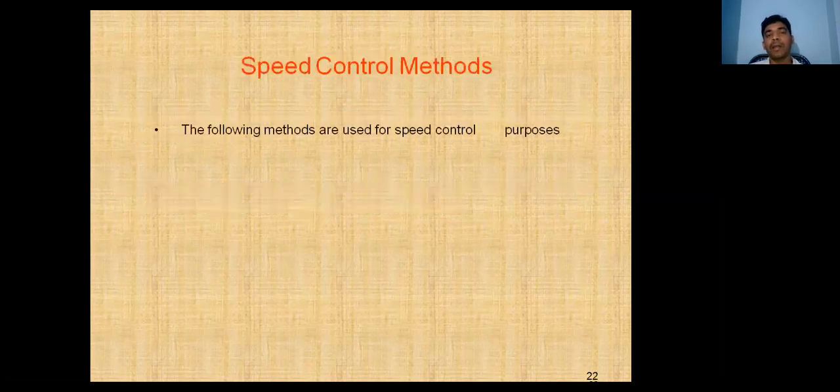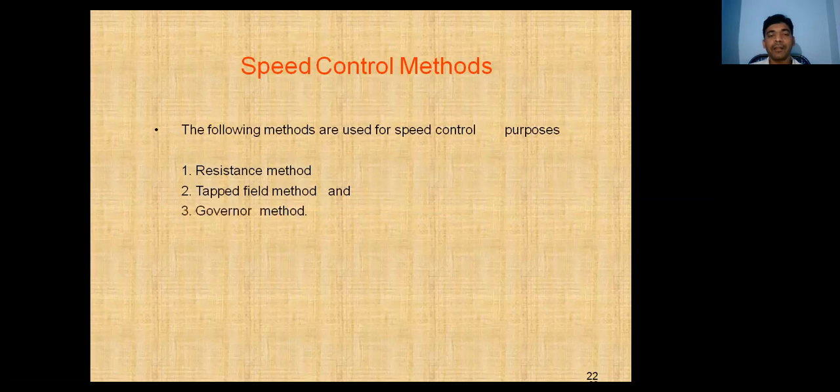The following methods are used for speed control purpose: first one is the resistance method, next the tapped field method, and the governor method.